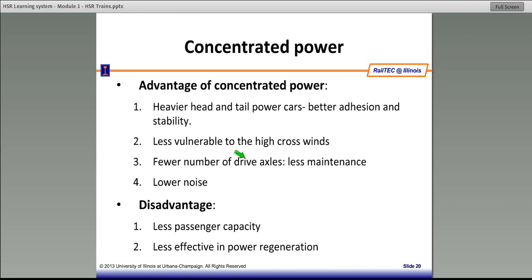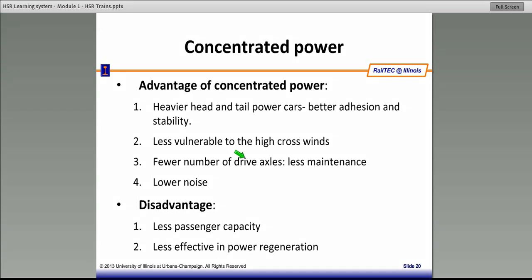And that is what has been emphasized or promoted by the company which produces the concentrated train. And there's also another advantage, that is less driving bogie or less motor bogie to maintain. We know that the motor bogie is more complicated, and so there are fewer of these bogies to be maintained because it's only the 4 bogies in the front train and the end train.